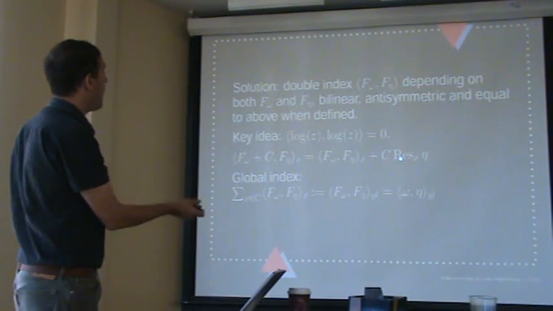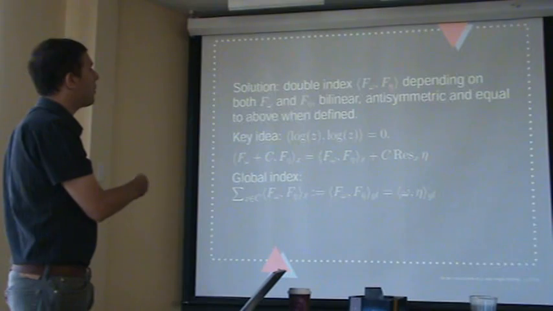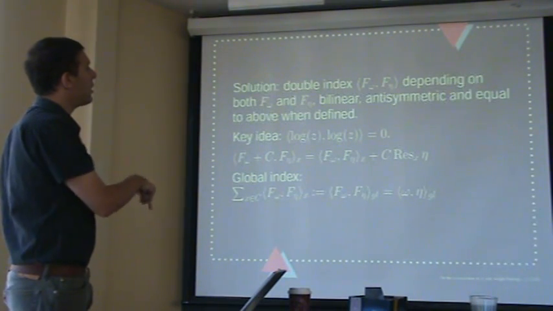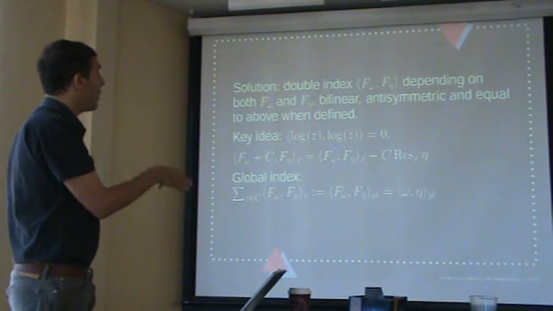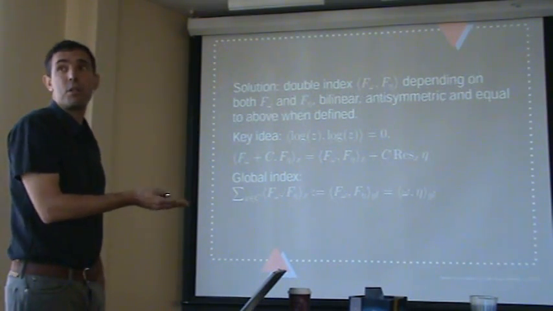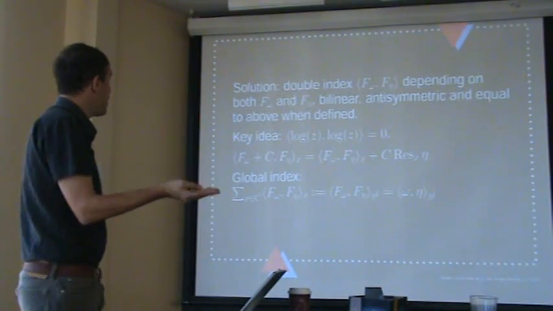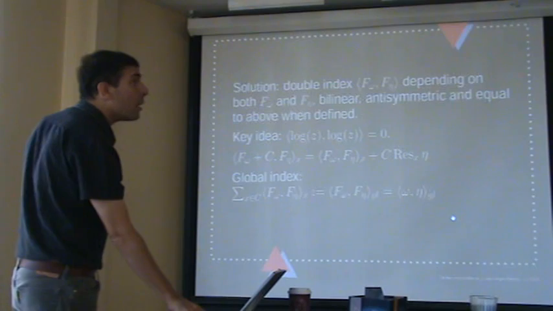If I modify f omega by a constant, then all of the indices change by this constant times the residue of eta. But if I sum over all the points, I use the residue theorem, and the sum is 0. So it only depends on omega and eta.